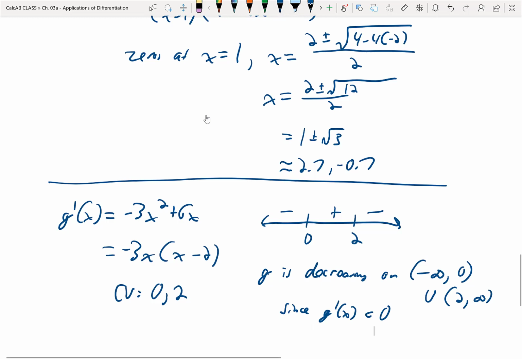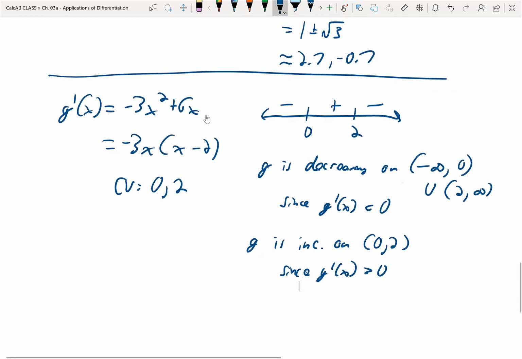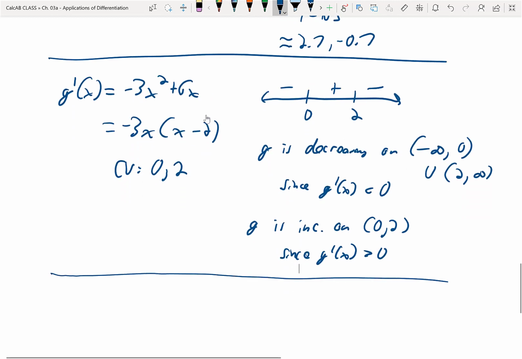You kind of have to give that reason as the reason that it's decreasing. And g is increasing on 0 to 2 since g prime of x is greater than 0. The sign test is for us, but that's not enough to put in a verbal description of why this is as such. So now let's look at an analysis of g double prime.